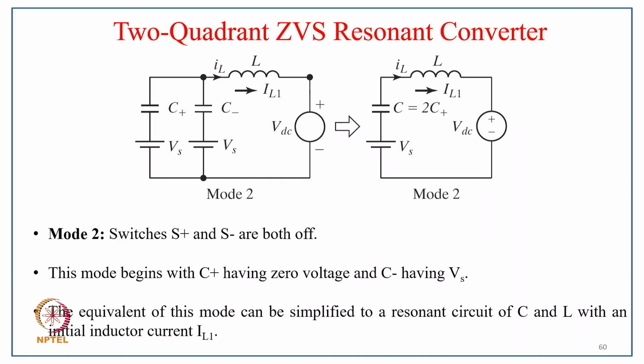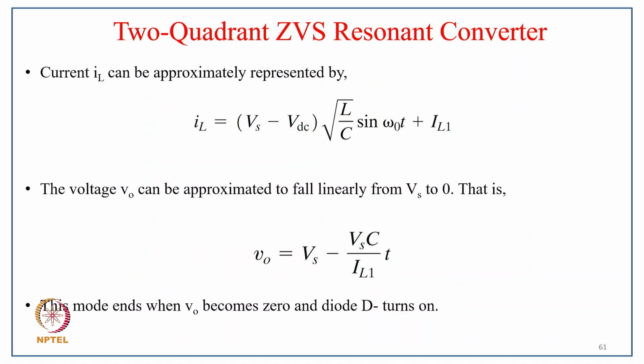Now go to mode 2. In mode 2, you can clearly see the switches S plus and S minus are both off, and the mode begins with C plus having 0 voltage and C minus having Vs, as shown in the figure here. The equivalent of this mode can be simplified to a resonant circuit of C and L with the initial inductor current IL1.